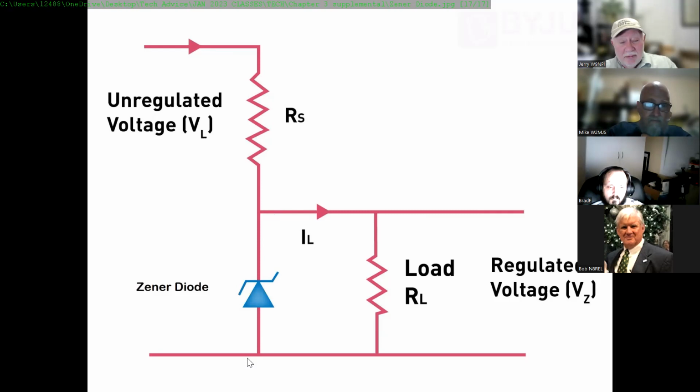It drops down any higher voltages. If you have a 5-volt Zener, anything over 5 volts is going to be dropped down. So you have nothing but a steady 5 volts going through. And that's what a Zener diode does. Okay, questions?